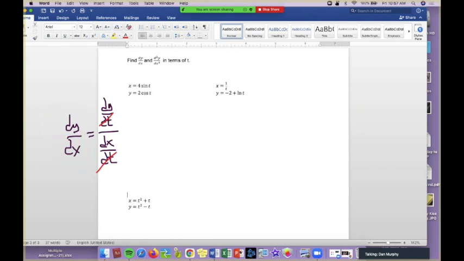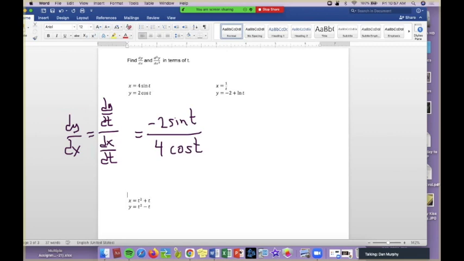So let's get those derivatives each. The dy/dt, that's this one here, is going to be -2 sine of t. The dx/dt is 4 cosine of t. And that is the derivative.